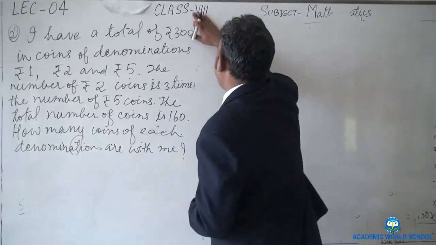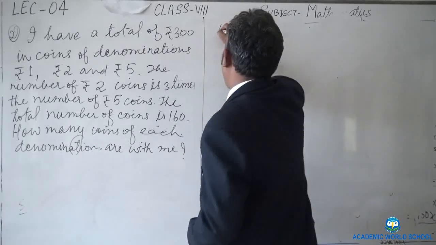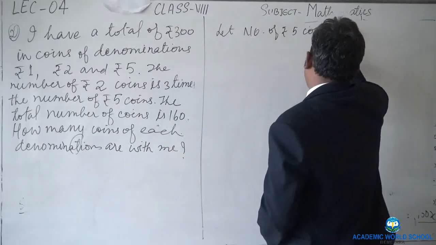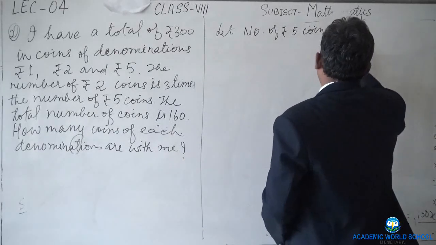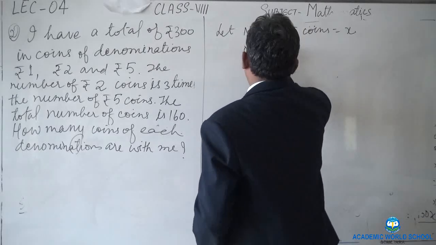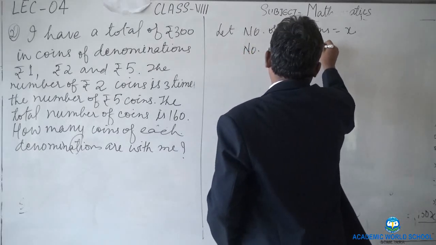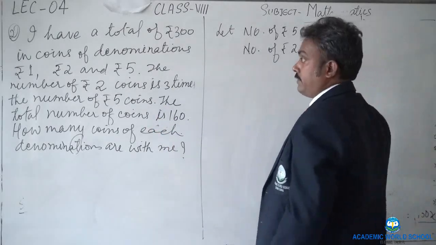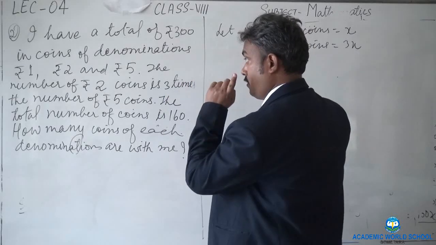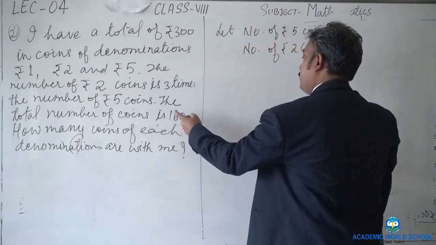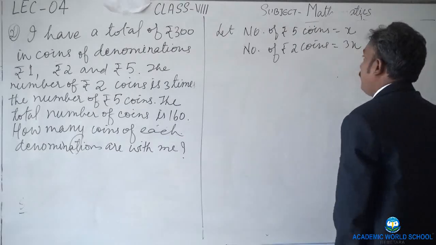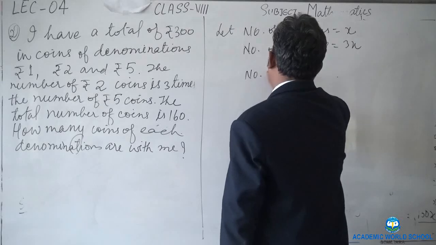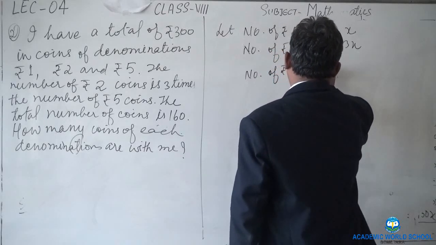So now let the number of 5 rupees coins be x. Okay, so the number of rupees 2 coins will be 3 times, so this will be 3x. And the number of rupees 1 coins we will get from the total number of coins.